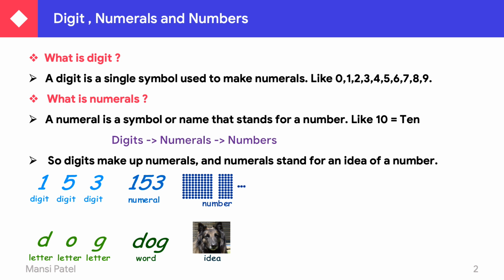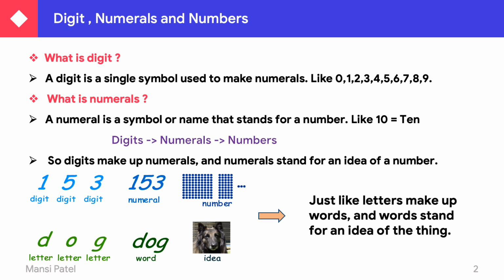But if we write down DOG together, then it represents a word, and this word stands for one idea. Just like the letters make up the words and words stand for an idea or a thing.